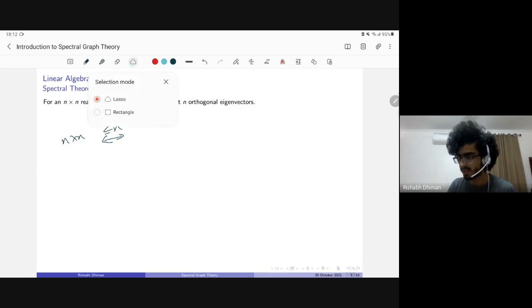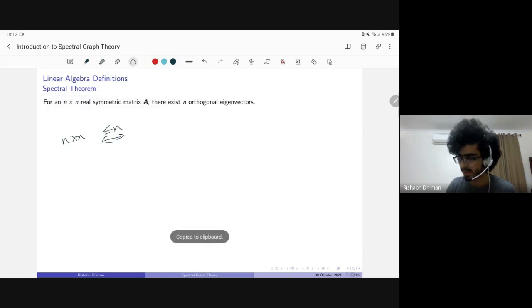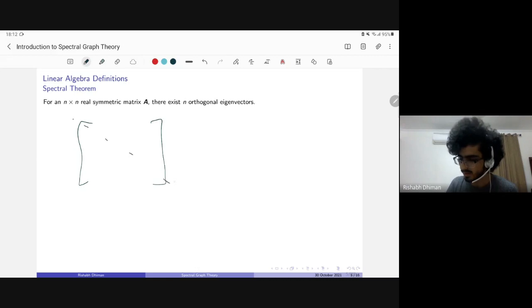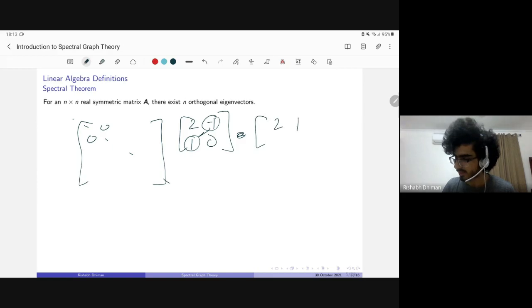So now in the very specific case where this matrix is symmetric, what that means is the values are the same across the diagonal. So for example, 2, minus 1, 1, 0 is not symmetric because minus 1 is not 1. But 2, 1, 1, 0 is symmetric because again the values across the diagonal are the same.